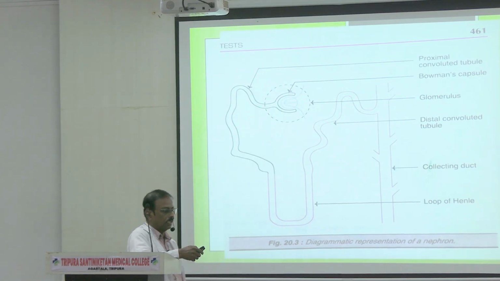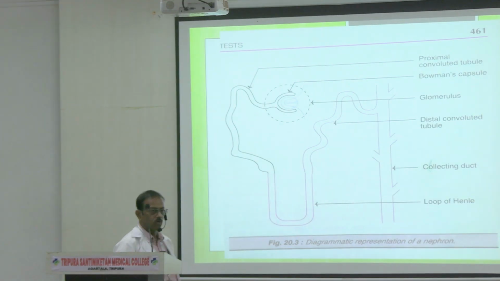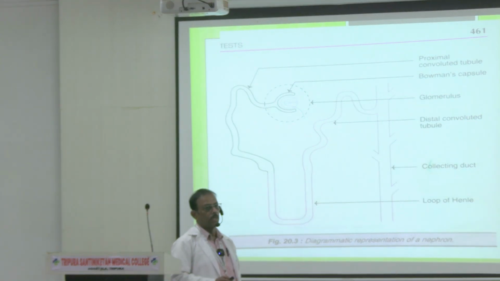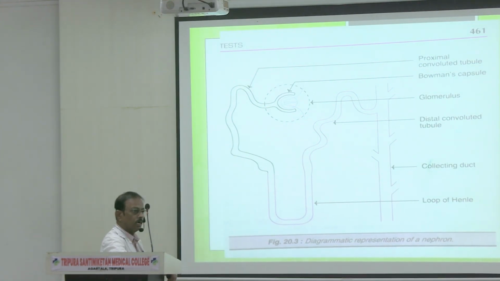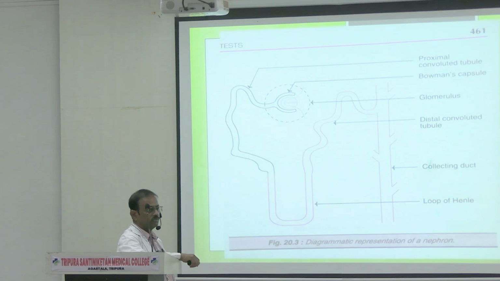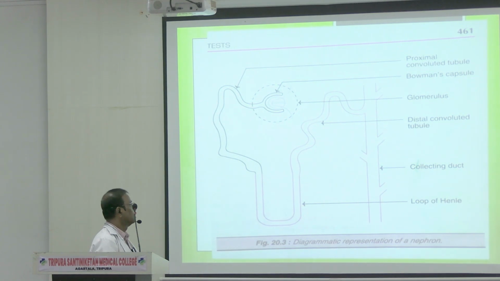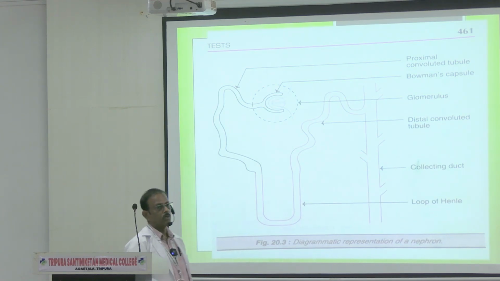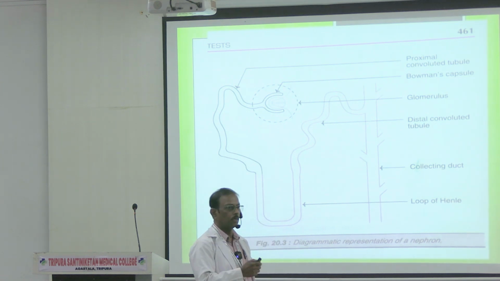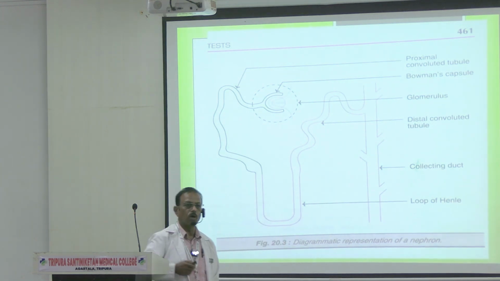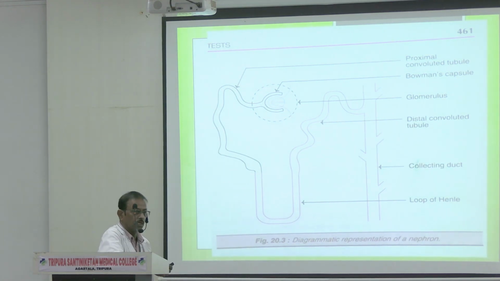But as it passes through the different part of the nephron, many of the substances are reabsorbed from the glomerular filtrate, and lastly, major quantity of glomerular filtrate is absorbed and remain only 1.5 liters as urine.